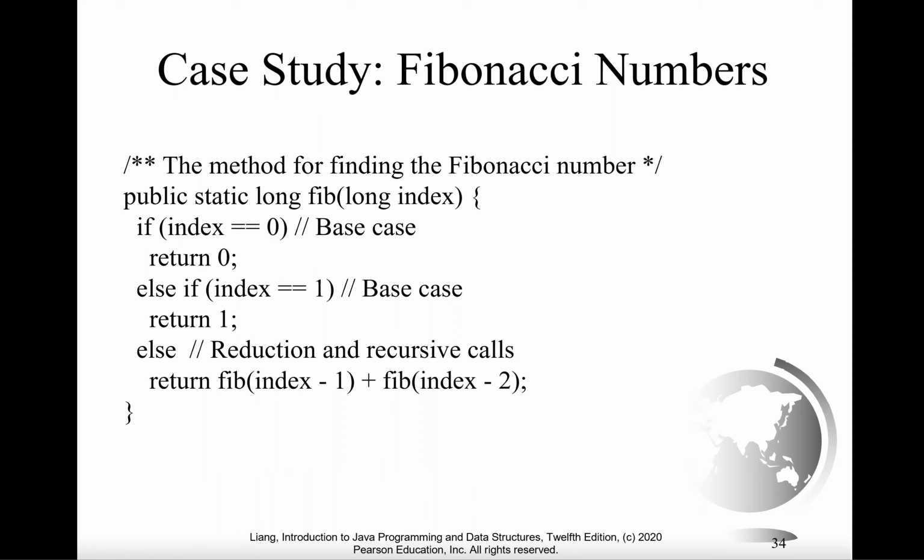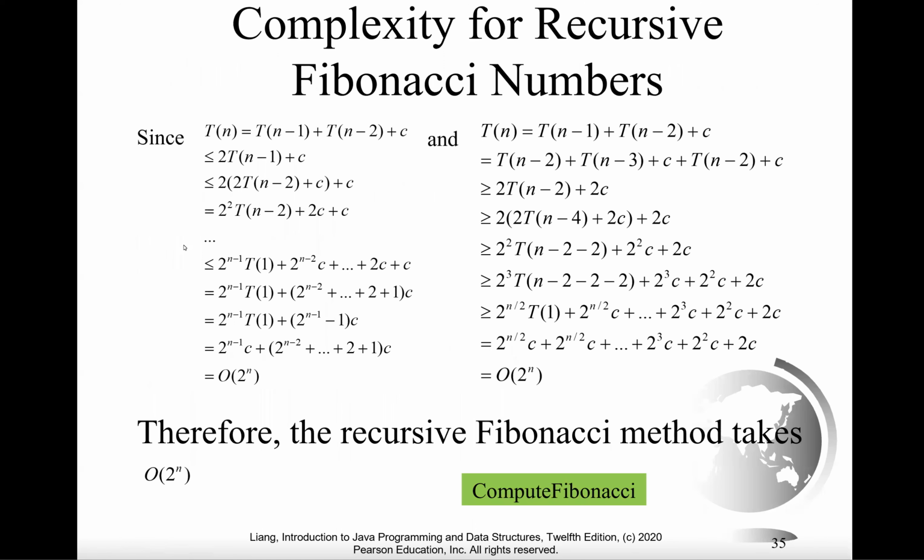It's very visible. And why? Because it's an exponential time algorithm. So look at this complexity. For this index n, this is the time complexity. So we need T(n - 1), the time for computing the Fibonacci number at index n - 1, and T(n - 2), the time for computing the Fibonacci number at index n - 2.